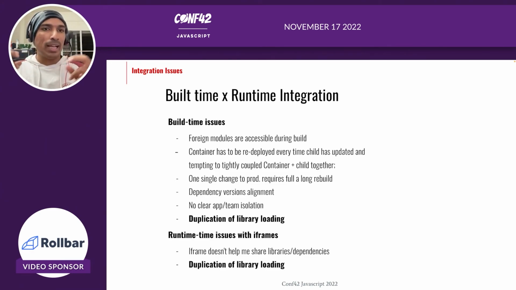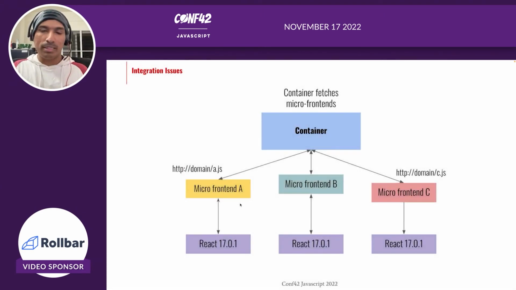The main highlighted issue that we were facing across both the strategies is the duplication of libraries that we're loading. Say, for example, if I have 3 micro-frontends for my application, and each of the micro-frontends has React as a dependency, when I integrate all the micro-frontends, 3 instances of the React dependency are created.